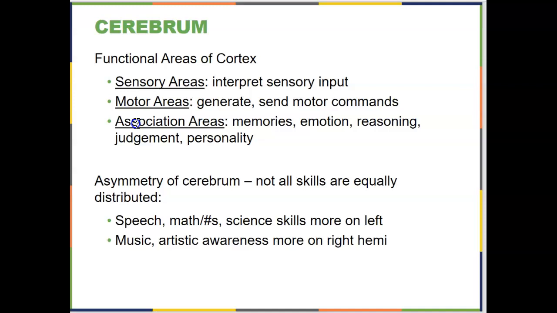The motor areas are different because they send out the commands to your muscles to undergo voluntary movement. The motor areas do not innervate smooth muscle like in your gut. There is innervation and control from the medulla oblongata, but not from these motor areas. These motor areas generate and send motor commands to skeletal muscle.